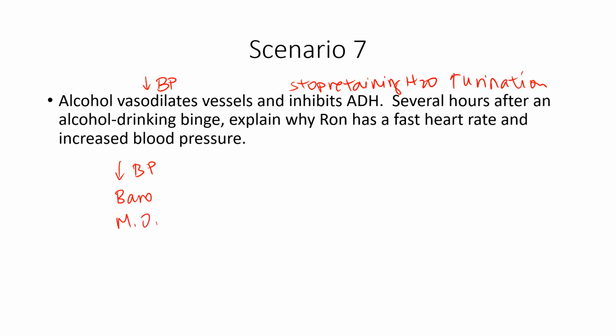And of course, that medulla oblongata will increase sympathetic stimulation. And of course, heart rate will increase, and vessels will constrict, and that's how we see an increase in blood pressure. So all of this is a compensation for having lost fluids through excess urination, thanks to the inhibition of antidiuretic hormone.